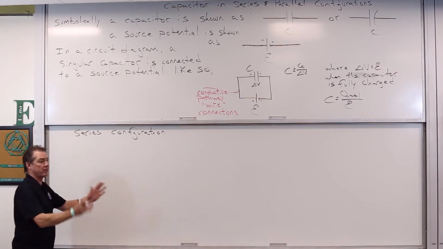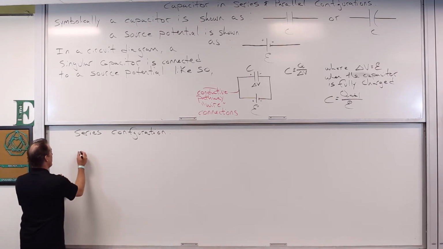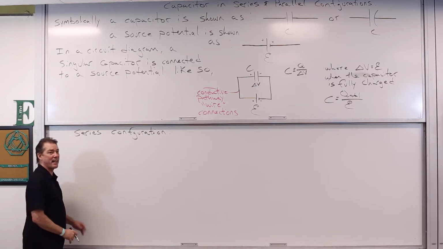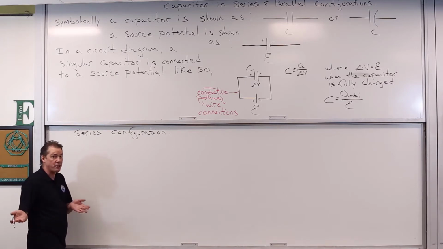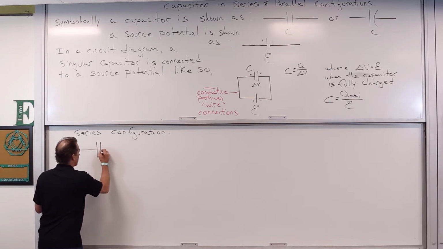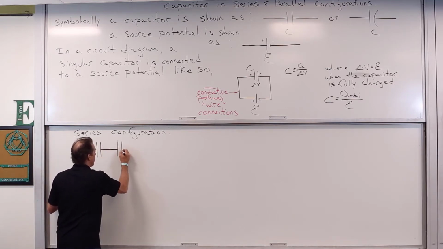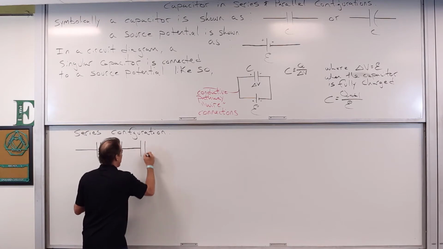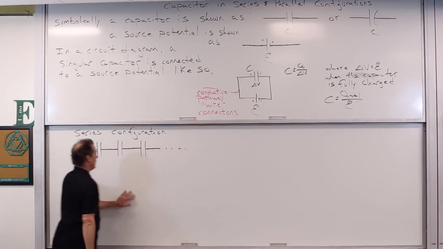Series just means they're consecutively linked together. So if we have, say, 2 or 3 or n capacitors in series, what does it look like? Well, we have one capacitor connected to another capacitor, connected to another capacitor, and they just keep on going.